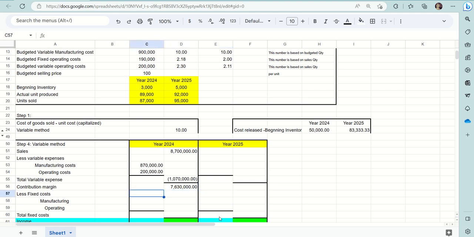What we do at this stage is move to the fixed cost. We found our contribution margin. Now we have to find the total fixed costs. The variable method dumps in all the costs, right? So we put in the fixed costs, how much we have.